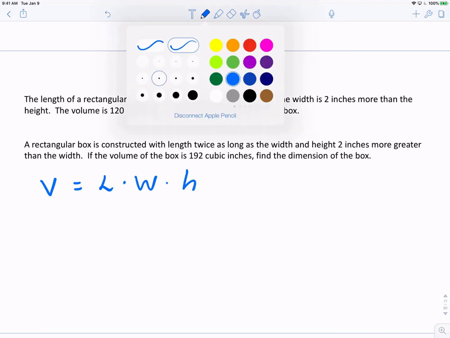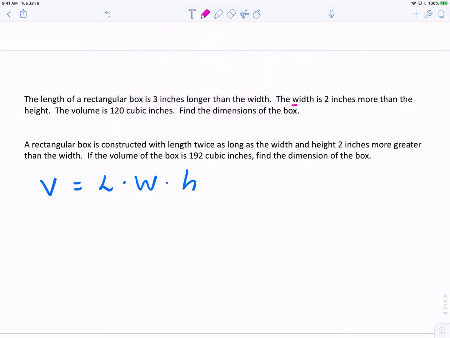So what are we told? We're told that the width is 2 inches more than the height. So the width is going to be the height plus 2. The volume is 120. Here was something we were told that I just skipped over: the box is 3 inches longer than the width.